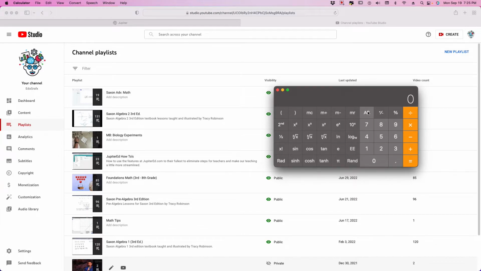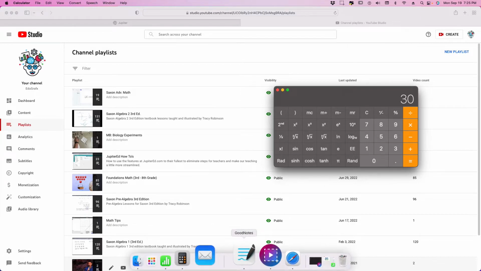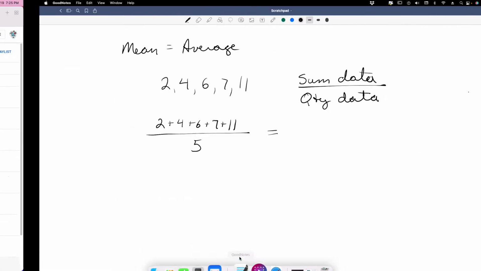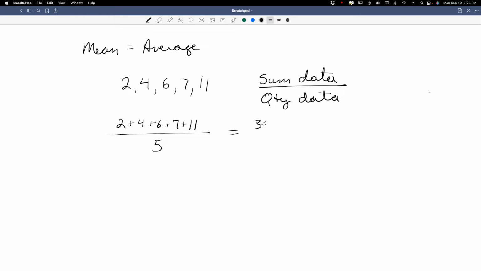Okay, so let me go back to Good Notes. So that would be 30 divided by 5. So yeah, that'd be 6. 6 is the average of those numbers. Okay?